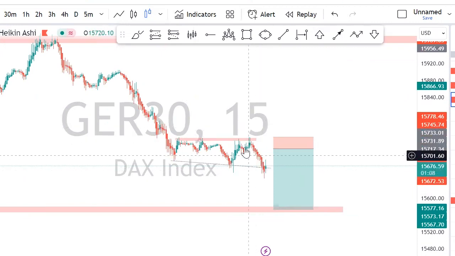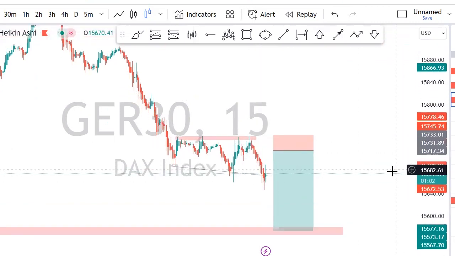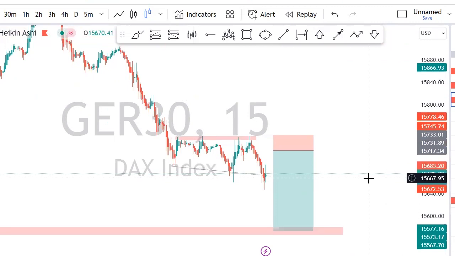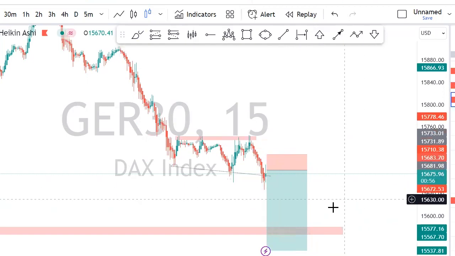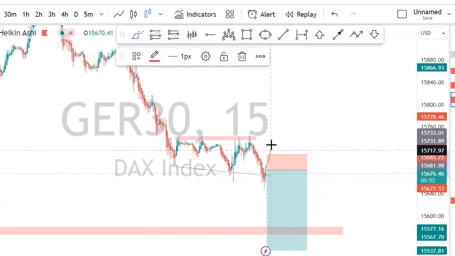It already sold off by a few pips, and you know, for indices a few pips is a lot, so I can't enter where it is right here because it might pull back, come back to the support, this resistance, sorry, and then sell off again.